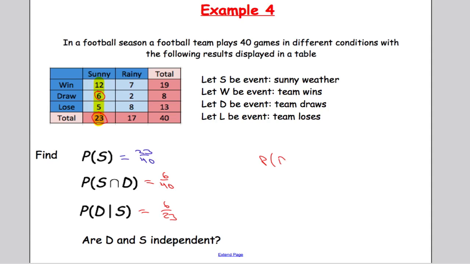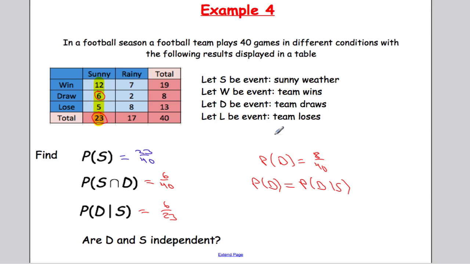So the probability that they draw is 8 out of 40. So I need to check that the probability of D should be the same as the probability of D given S.